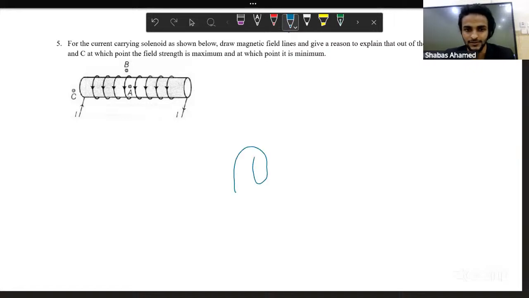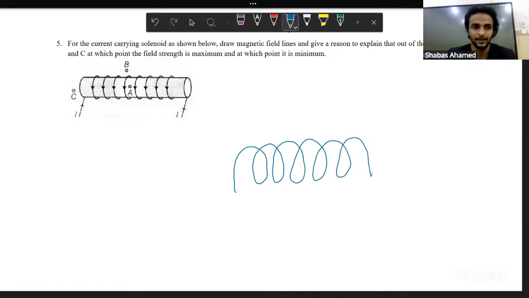Okay, so this is a solenoid, and here current is entering through this one, and current is leaving through this one. Just understand that the side where the current is entering the solenoid will be a south pole, and this side will be a north pole.